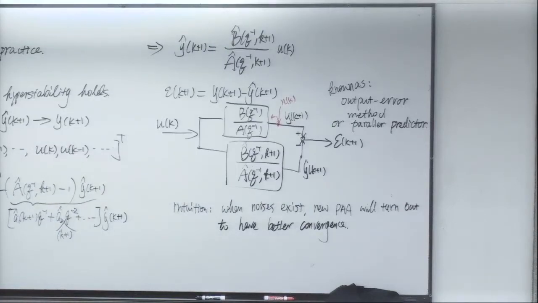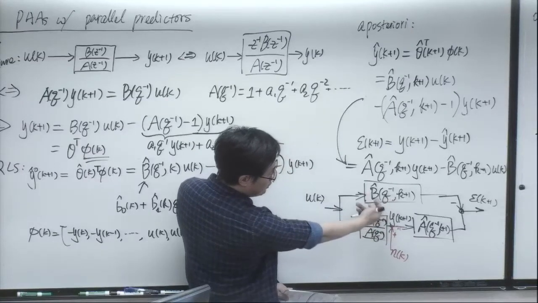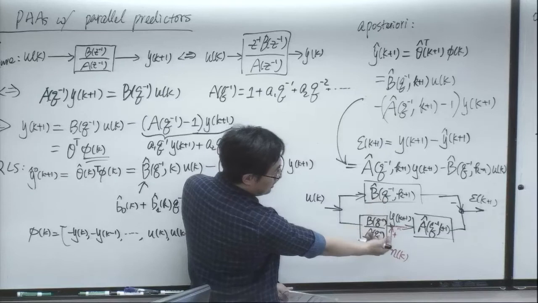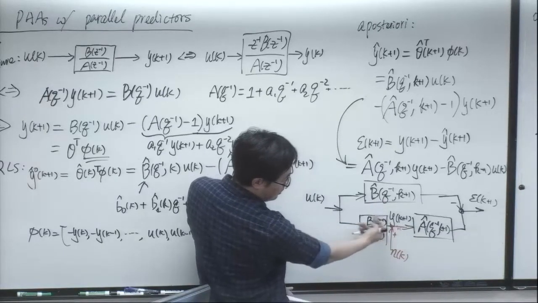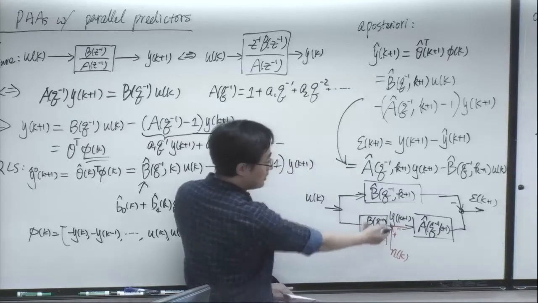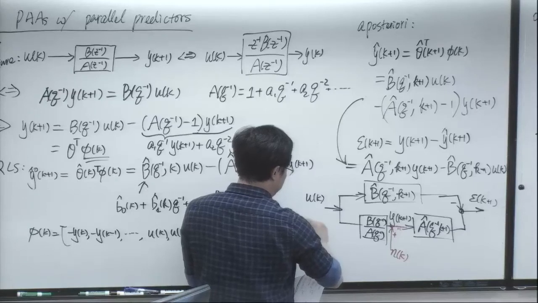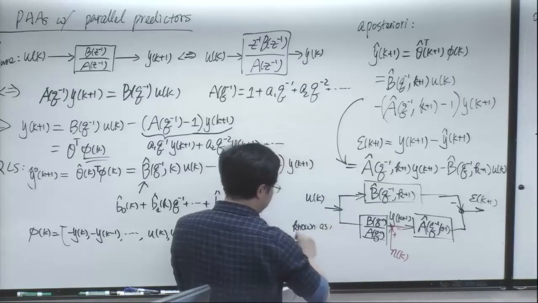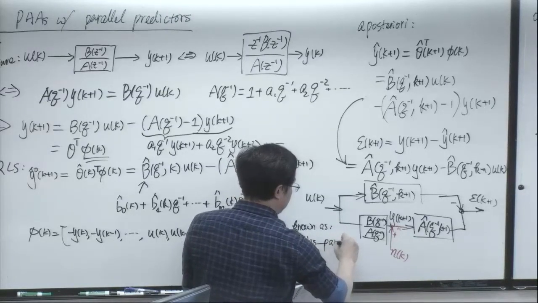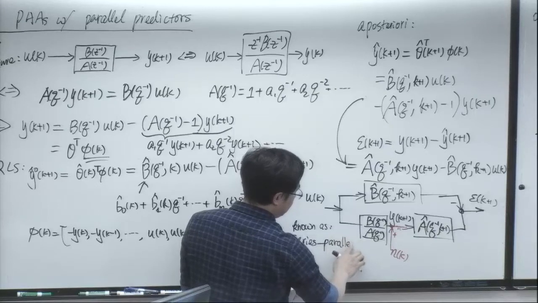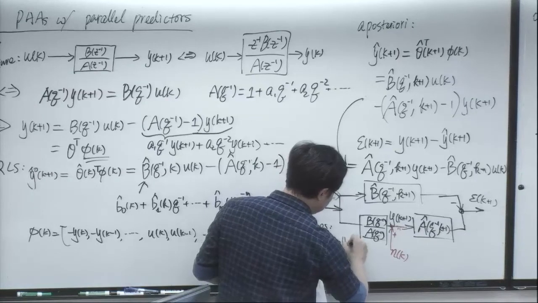And this side, it is not exactly parallel. There is some parallel portion here, but there's also this additional block that is in series with this true plant model. So this is called a series parallel predictor.